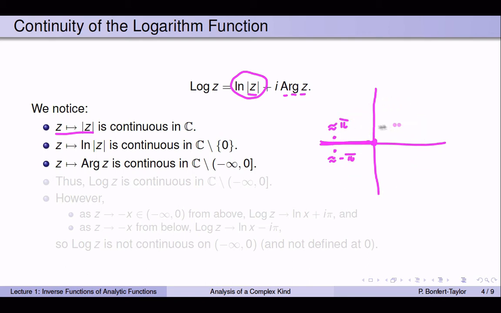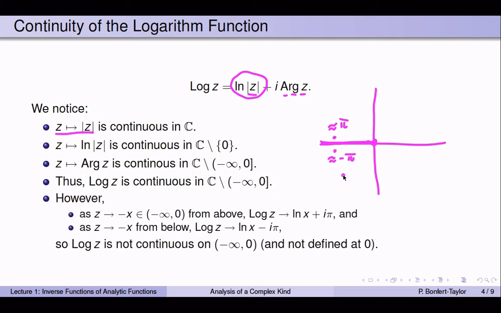Everywhere else in the complex plane, the argument is a continuous function. The angle that a point forms with the positive real axis changes continuously, except it jumps over the negative real axis. So the argument function is continuous on the complex plane minus the negative real axis. Therefore, the sum of these two continuous functions is continuous wherever both are continuous. In other words, in the complex plane minus the negative real axis.